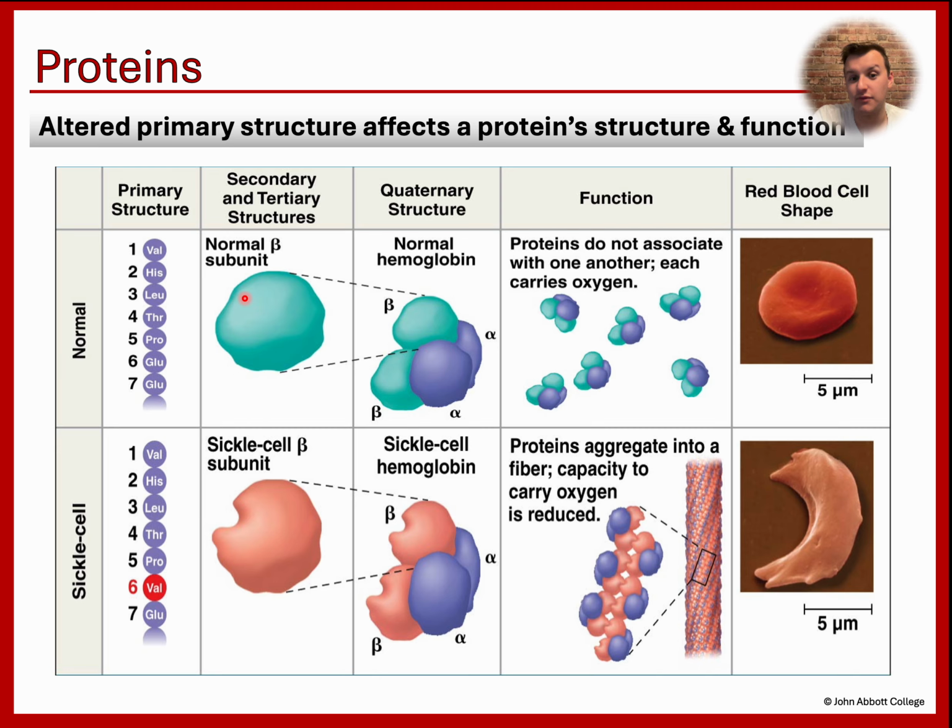This is a cartoon, right? But it's like a glob shape. This is a normal beta subunit of the hemoglobin. And actually, this little polypeptide binds to 3 other polypeptides and forms the hemoglobin.